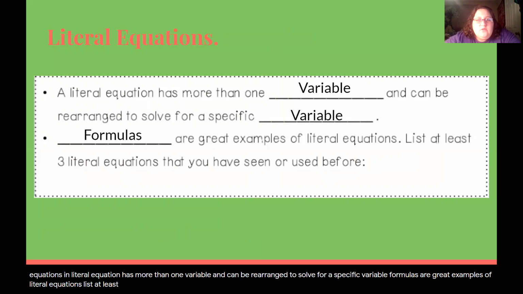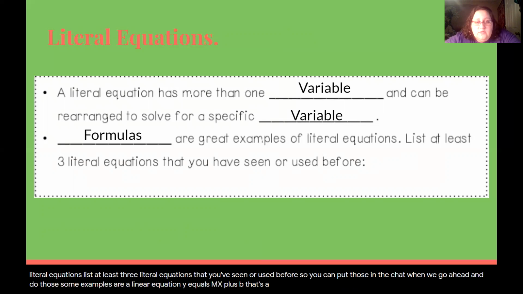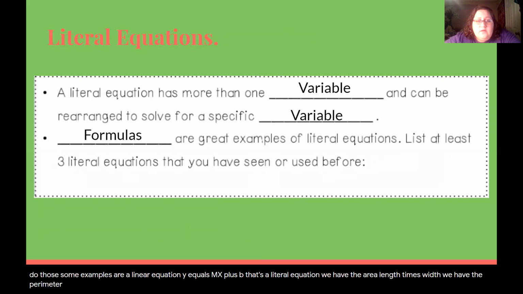List at least 3 literal equations that you've seen or used before. You can put those in the chat. Some examples are a linear equation, y equals mx plus b. That's a literal equation. We have the area, length times width. We have the perimeter of something.